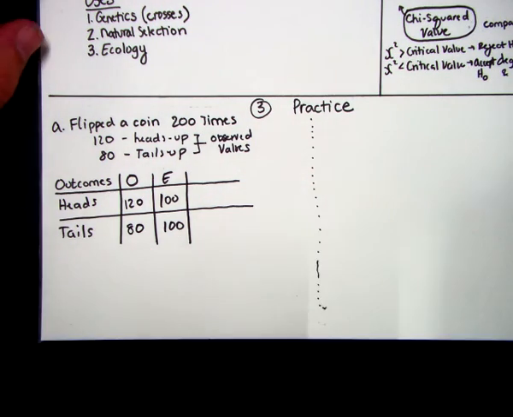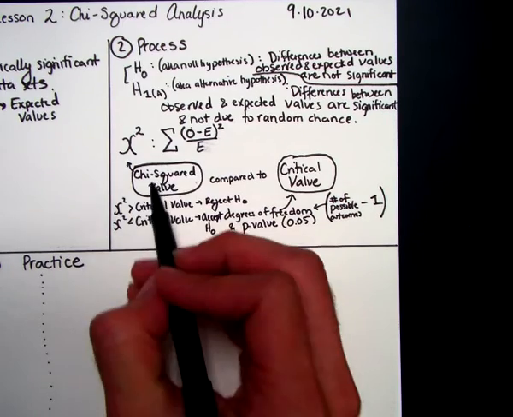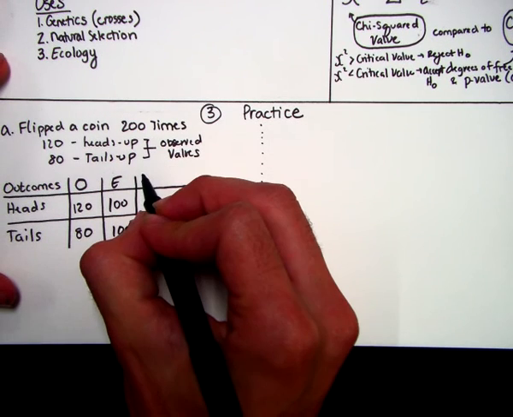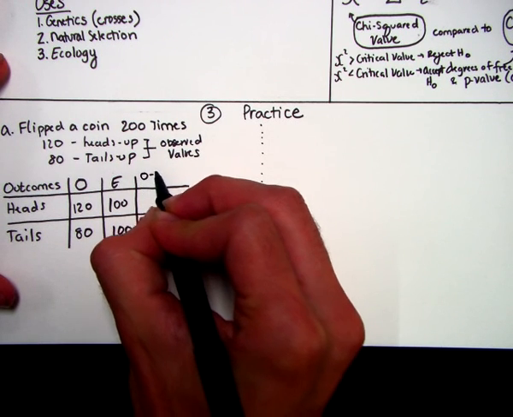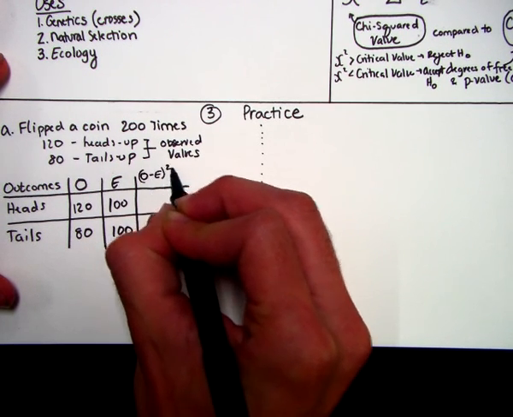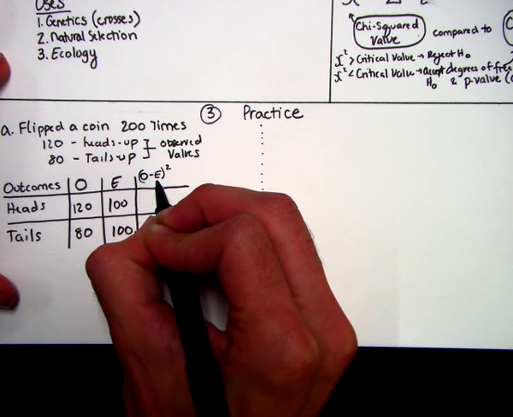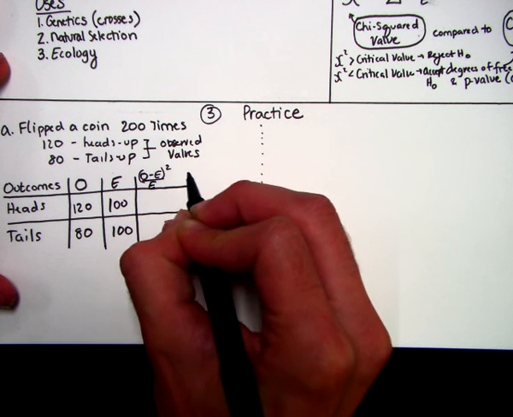So we're going to perform this quick calculation here. We're going to take our observed minus our expected. We're going to square that, and then we're going to divide it by our expected.